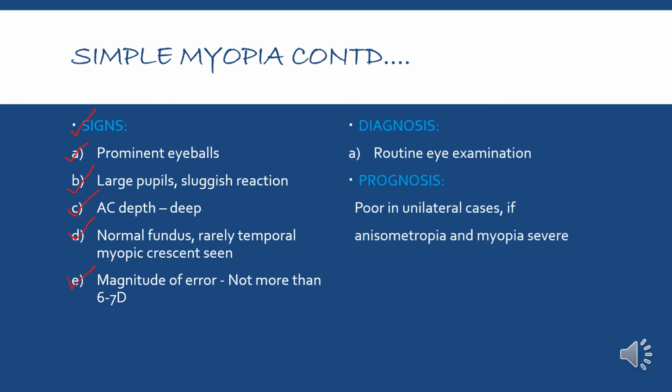The diagnosis is made during the routine eye examination that includes everything: visual acuity, retinoscopy, ophthalmoscopy, etc. The prognosis for simple myopia is poor in unilateral cases if anisometropia and myopia are severe. Otherwise, the prognosis is good.